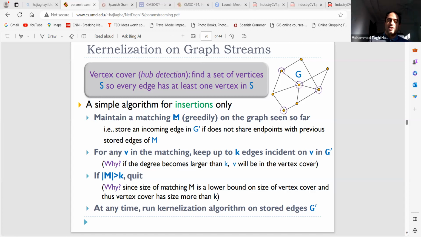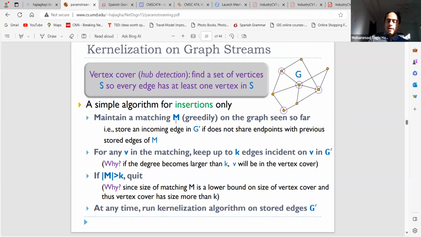However, if there is an edge and one of its endpoints is a vertex v in the matching, the idea is that for any vertex in this matching, we also keep up to k incident edges. So if an edge is coming and it is incident to one of these matched vertices, and that vertex has at most k edges so far, we will keep that edge there.